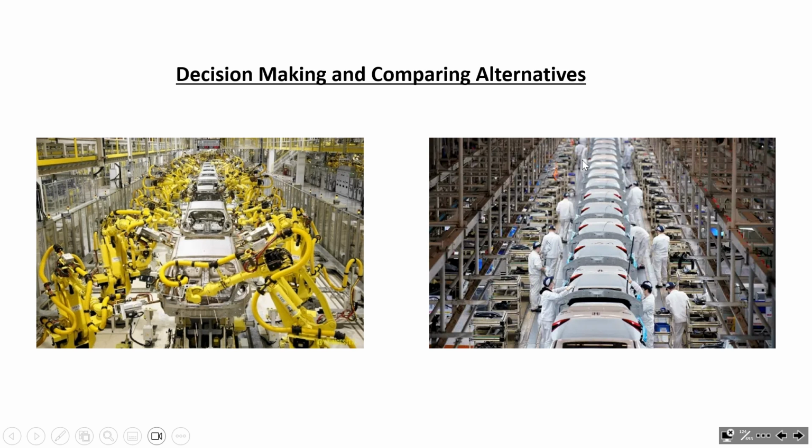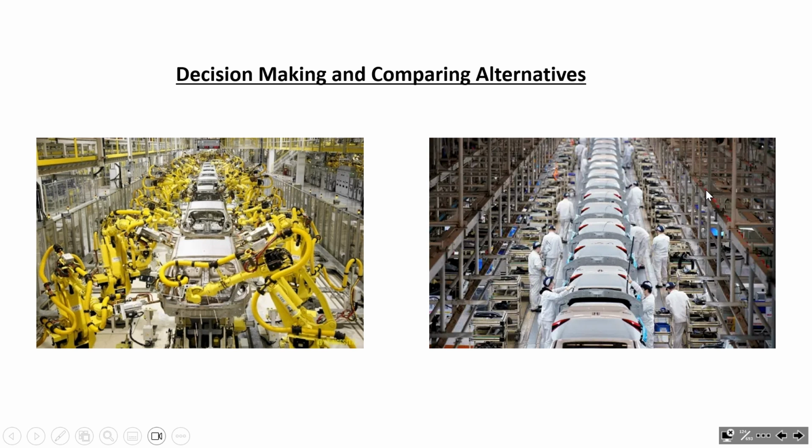So we can just think about this as maybe a present value outflow, whereas this is an annual series outflow in the case of human labor. So which is going to give you more profits if you're in management and you're trying to decide for planning purposes whether you should go with robotic machinery or humans?